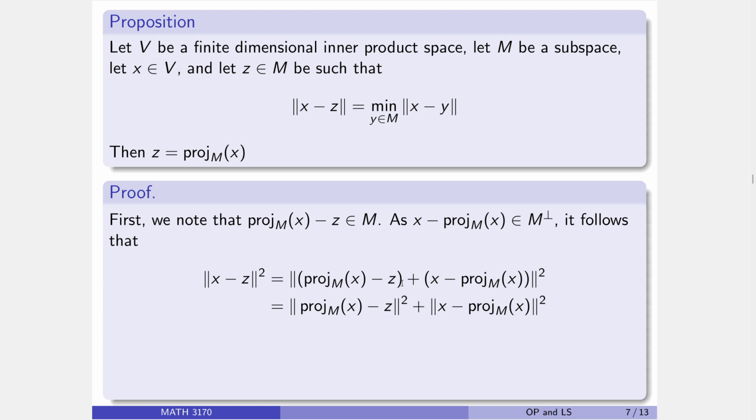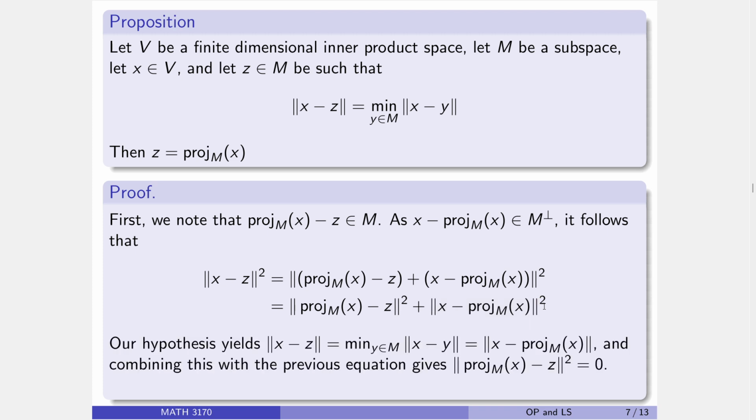Okay, Pythagorean theorem applies, and the length squared of the sum splits into the sum of the length squared. Right, but what do we know by hypothesis? We know that this is the minimum of that, but we already know that this minimizes it over here.